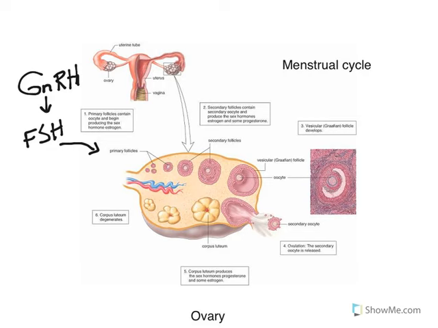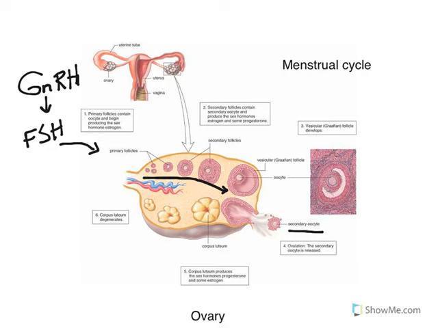Under the influence of FSH, the follicle will grow and mature, and the oogonial cell will pass through the first phase of meiosis, forming a secondary oocyte. That will be released at the time of ovulation.